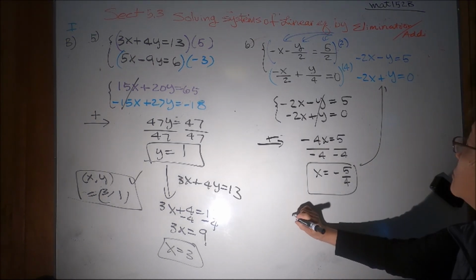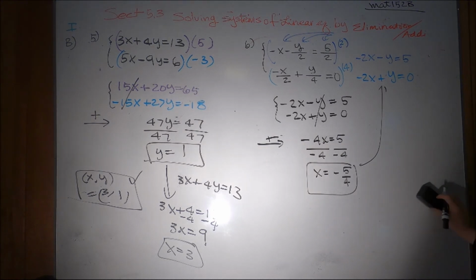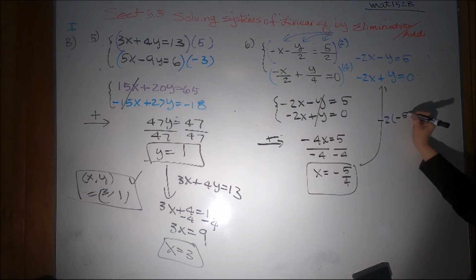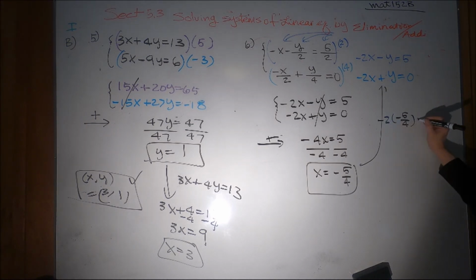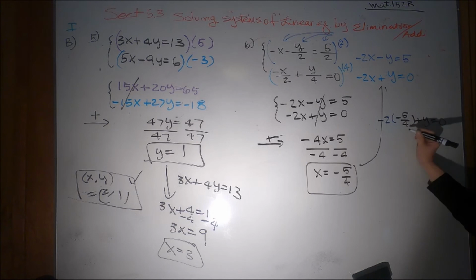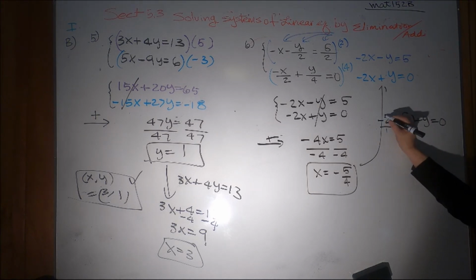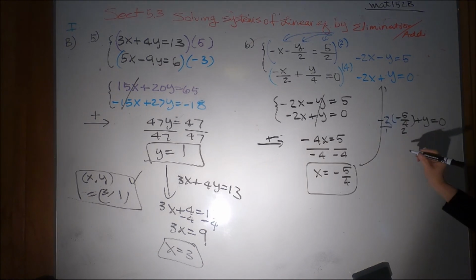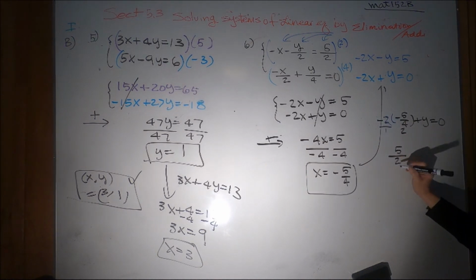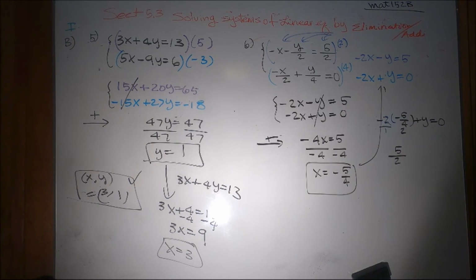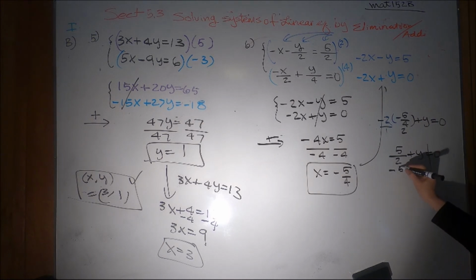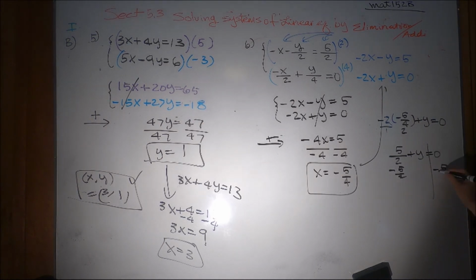Right? So what do we have? We have x is negative 5/4 times 2 equals 1. Right? So you put a 1 underneath, cancel out. So what do we have? Negative, negative is what? Positive 5/2. Right? Plus y equals 0. Then what's your y? Minus 5/2.